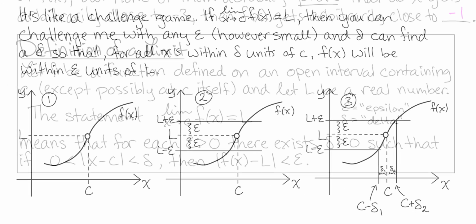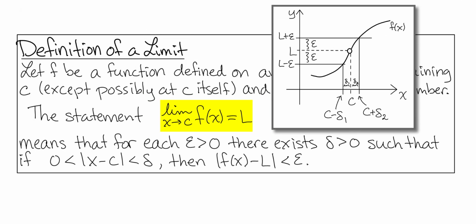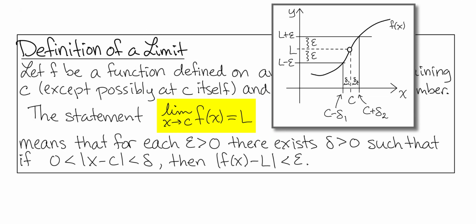Let's take a look at this definition again. The statement, the limit as x approaches c of f of x equals L, means that for each epsilon greater than 0, there exists a delta greater than 0.